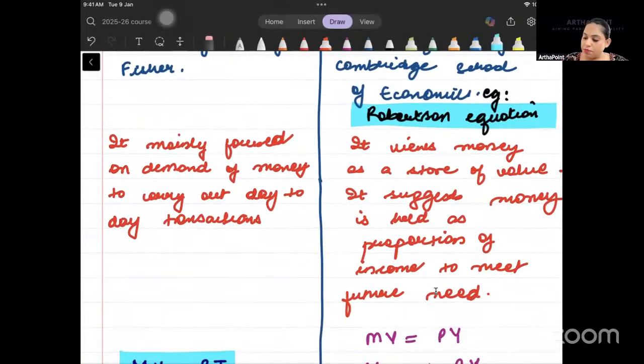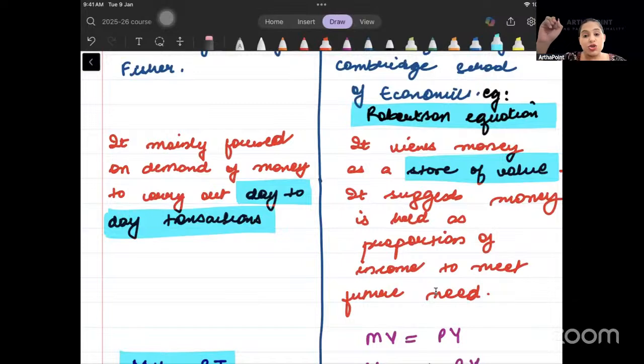Okay beta, when we talk about this, I hope I have written that when we talk about money as a store of value versus money to carry day-to-day transactions, yes, store of value, when we store something it becomes a stock concept, so you can use it in a portfolio, right? I am storing something. It's a store of value.